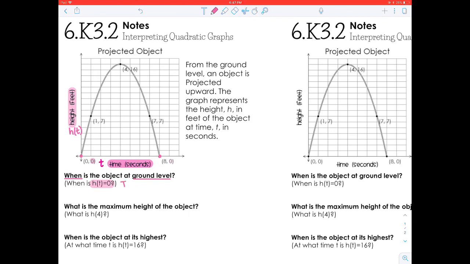So restate the question: the object is at ground level before it is launched, at 0 seconds, then again when it lands, at 8 seconds.